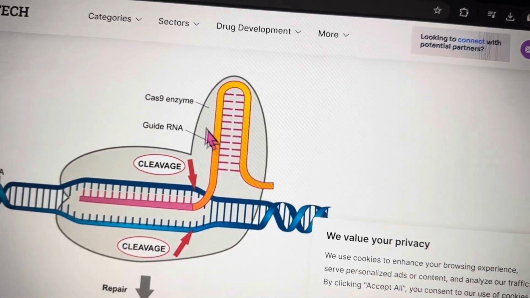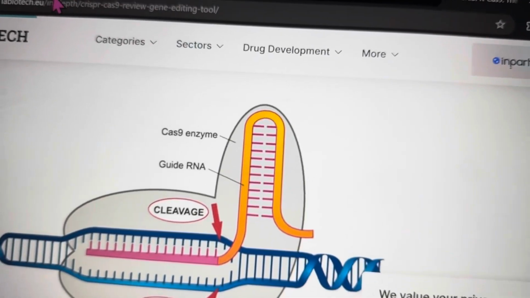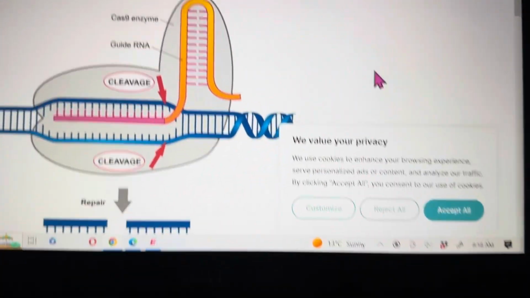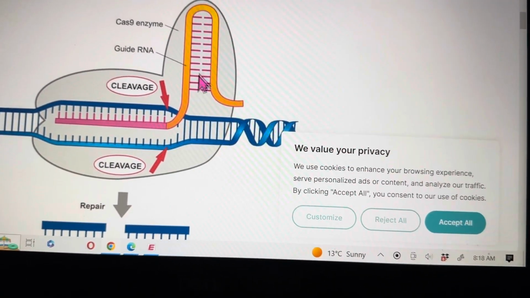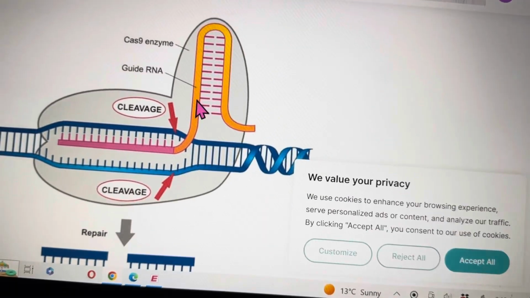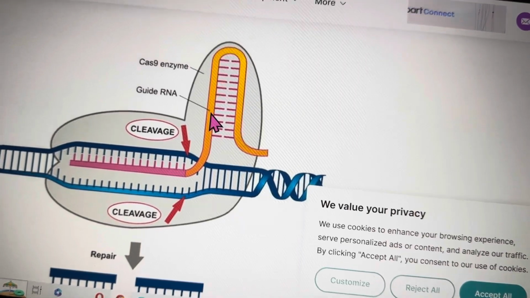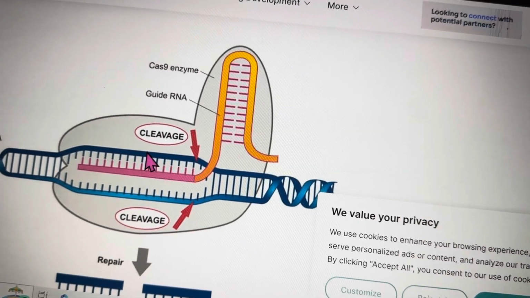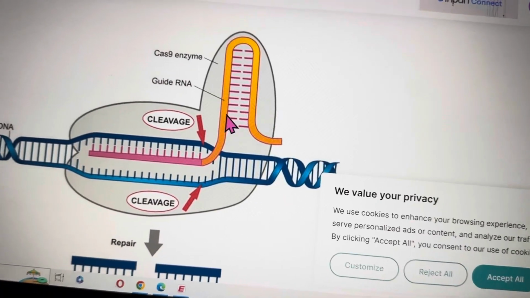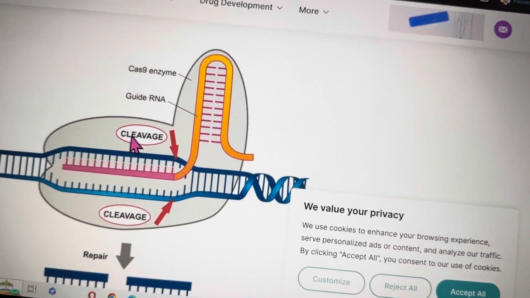Now let's apply that principle and come to this diagram. I googled it, and this is from some website. Here this is the RNA, called the guide RNA. This is the same type of RNA that was made by the bacteria, and it is going to attach to the DNA of the virus, our target.